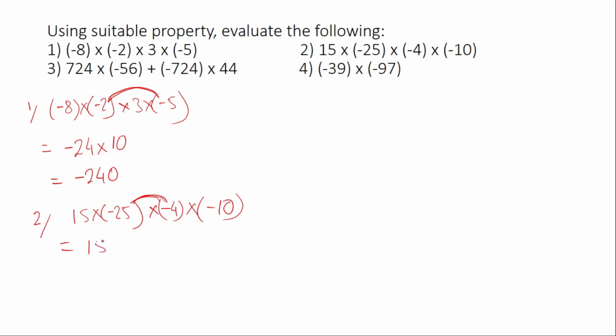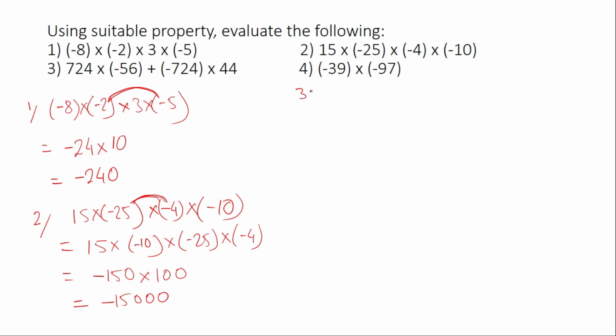So we have to write it this way: 15 into minus 10 into minus 25 into minus 4. So 15 into minus 10 is minus 150, into minus 25 into minus 4 is 100. So answer will be minus 15000.